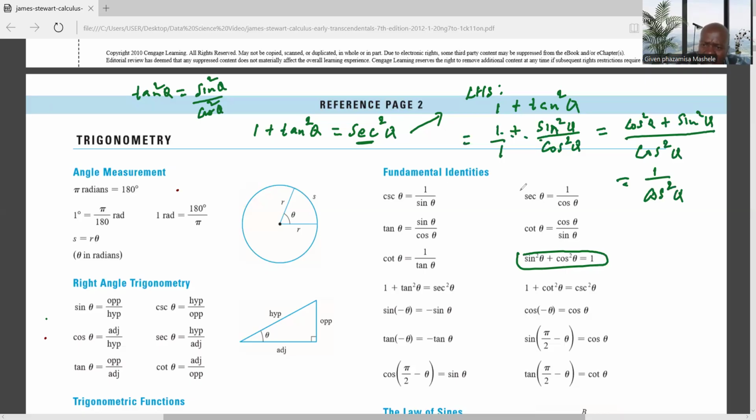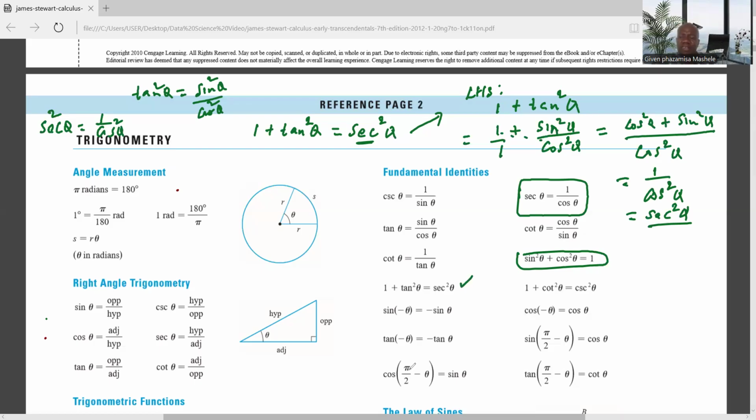How about the reciprocal of sec? It's cos. So when we have sec theta, it's 1 over cos. So sec squared will be 1 over cos squared. So this becomes sec squared theta. That's why they say 1 plus tan squared theta is equal to sec squared theta.